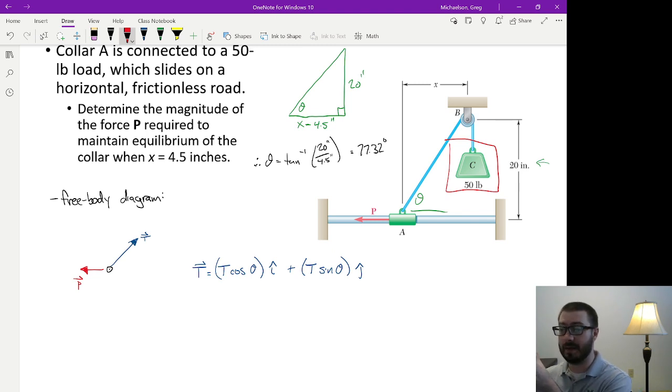So if the weight is pulling 50 pounds down, the cable has to resist with 50 pounds up. So the tensile force inside the cable is 50 pounds, and it's the same tensile force inside all the points along the cable. So that means the tensile force is 50 pounds.